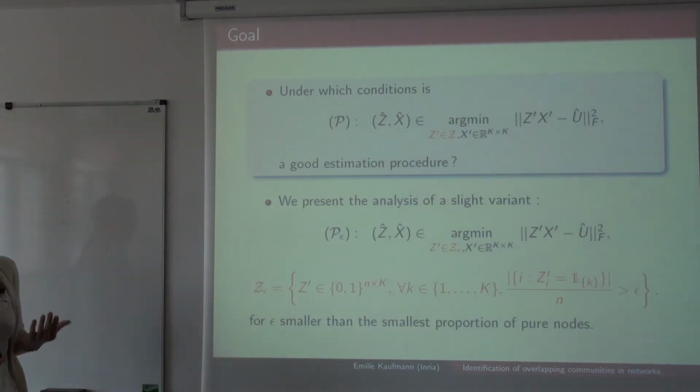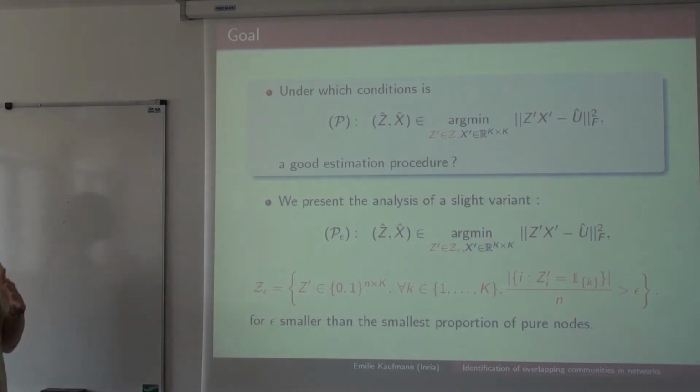So our goal is to find conditions for this optimization, so the Z prime computed in this way, to be an accurate estimate of Z in the sense of the number of misclassified nodes or of the number of errors in the matrix.